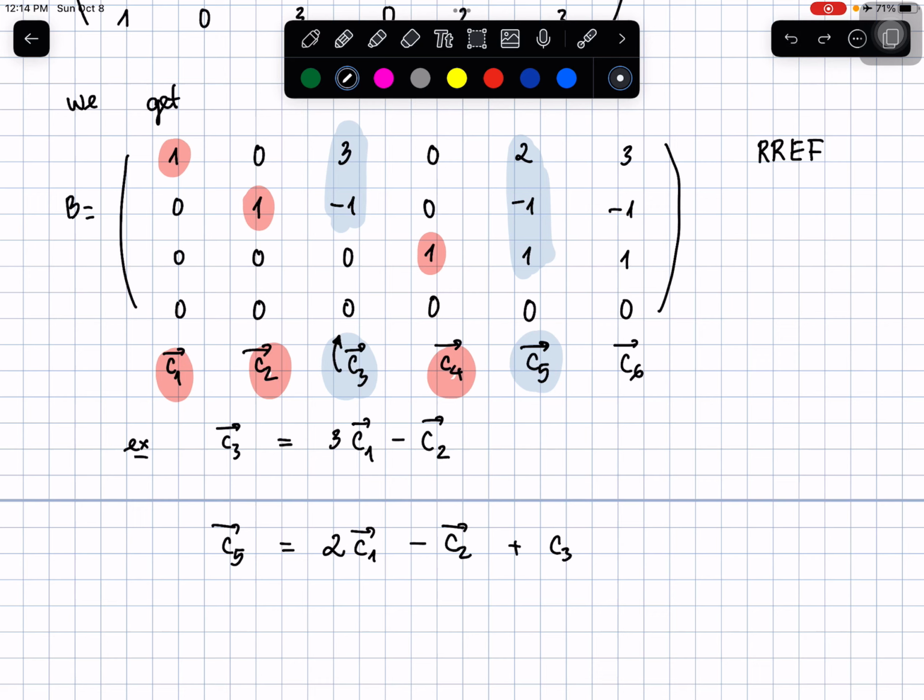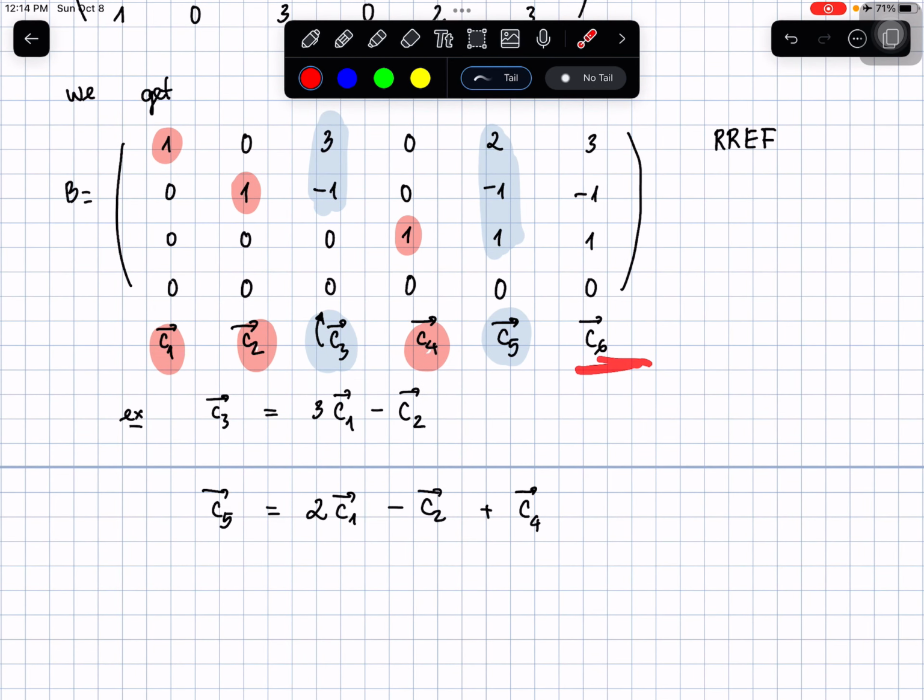Column 5 is 2 times column 1 minus 1 times column 2 plus 1 times column 4. And we do the same thing for column 6. Column 6 can also be written as a linear combination of columns 1, 2, and 4: 3 times column 1 minus 1 times column 2 plus 1 times column 4.